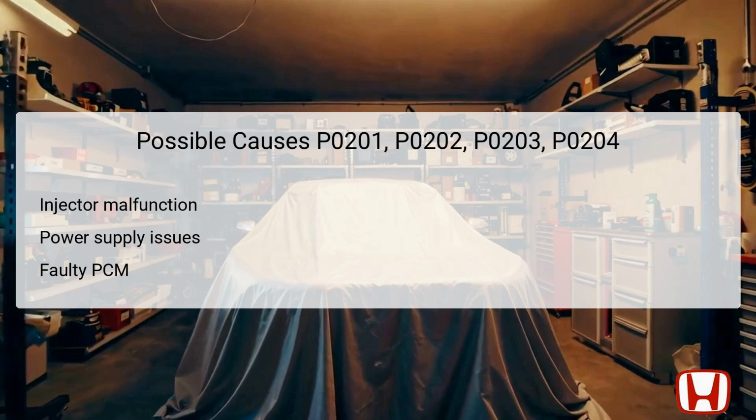Finally, if all tests return normal results and the injectors still do not operate as expected, the PCM may itself be malfunctioning and require replacement. Proper diagnostics will help pinpoint the exact source of failure.